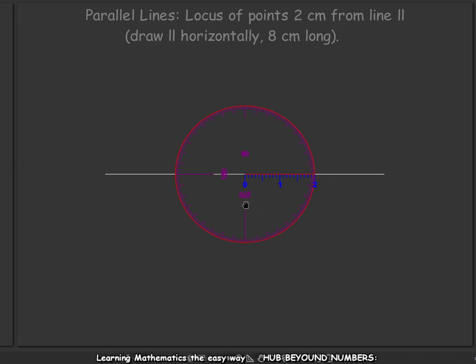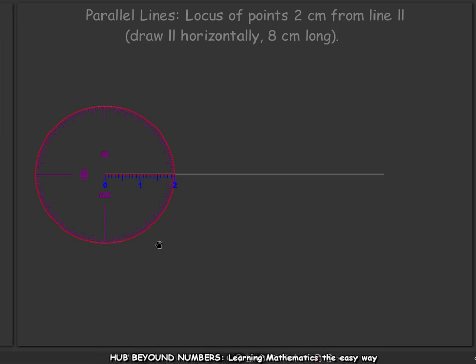So this is my 2 centimeters here, as you can see. I'll bring it on any point. You can use any number of points, but make sure they are evenly spaced. Then draw an arc above and then draw an arc below.